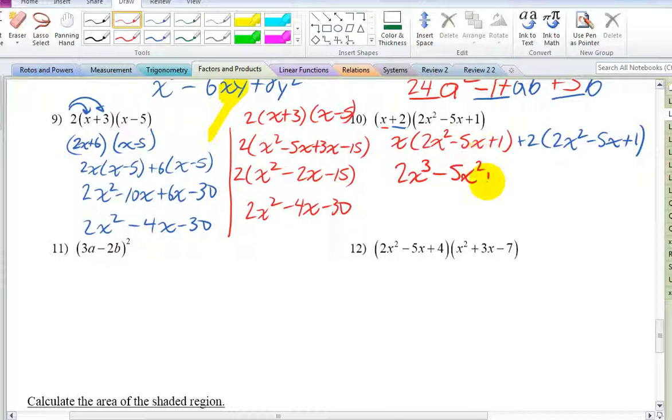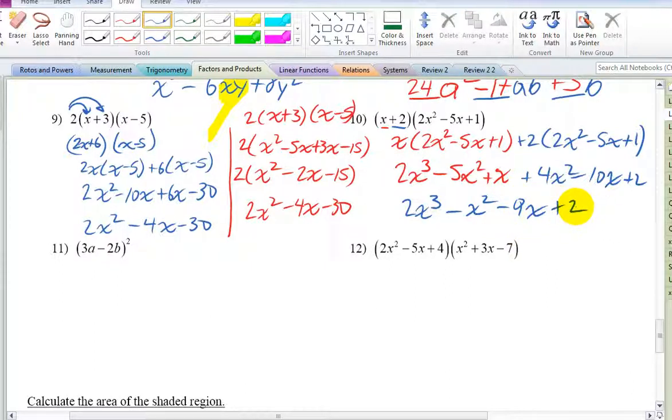Because of the x, we're getting some more changes. Whoops, that's not plus 2, that should be plus x. So altogether, 2x cubed minus x squared minus 9x plus 2.